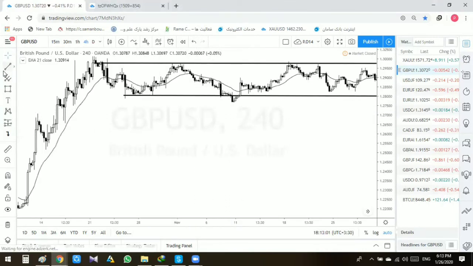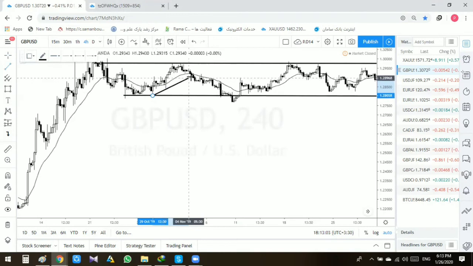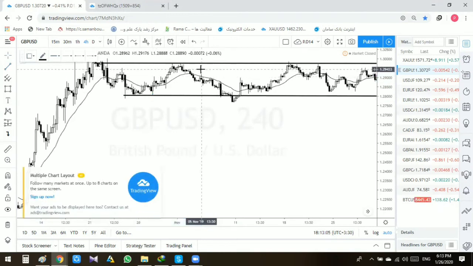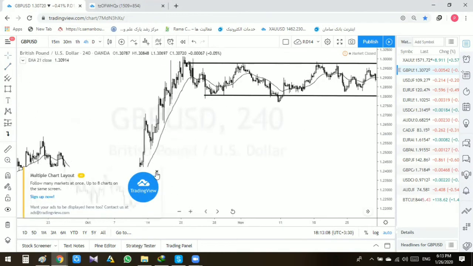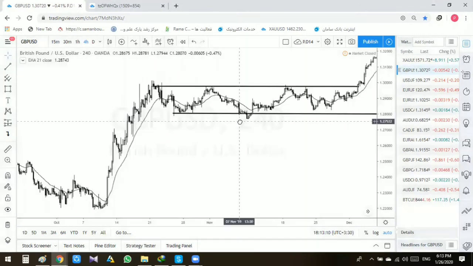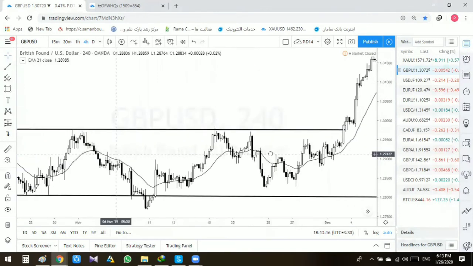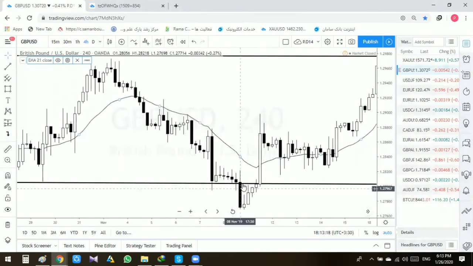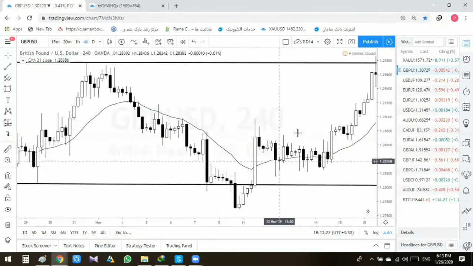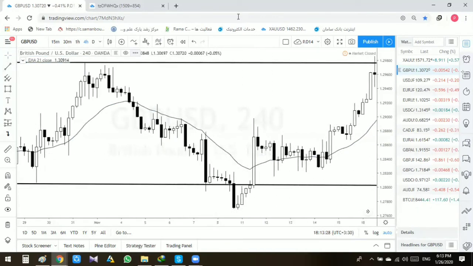For reverse, I could use this one. I will explain later more than now for trading in ranges. Anyway, price came down to the last higher low, and price broke the last higher low with this black candle and came up. After that, price came up, made a fake breakout, made this one.